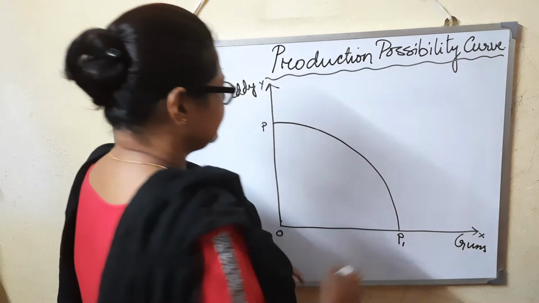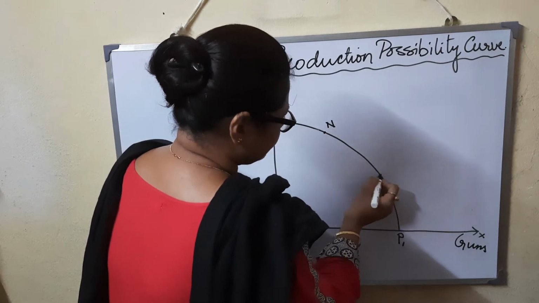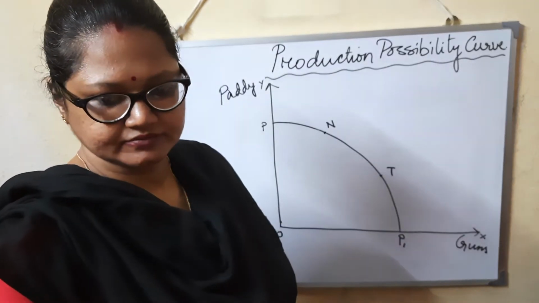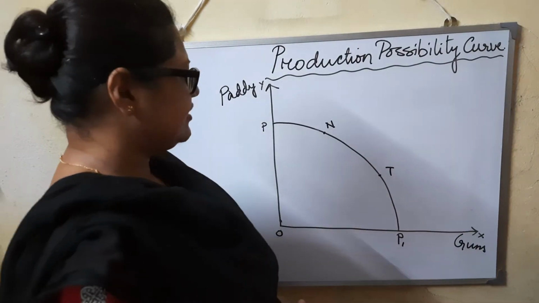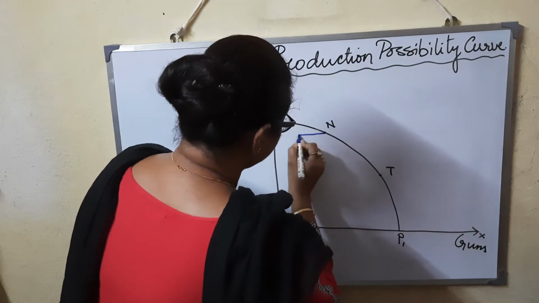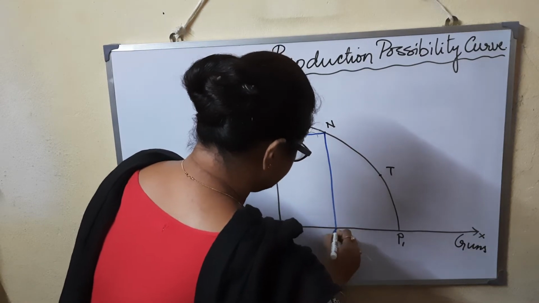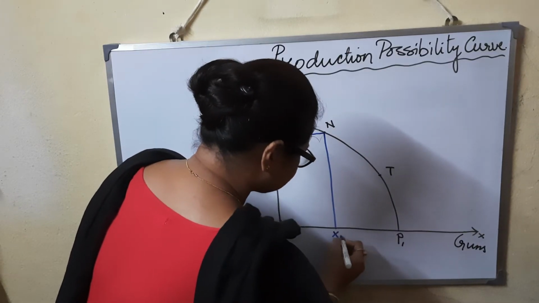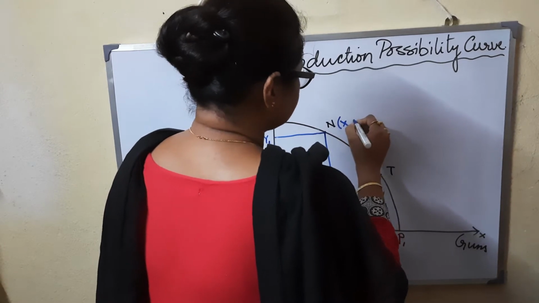That means the country can produce anywhere on this line as per its choice. I am considering two combinations. One is N, another one is T. When the country is producing at point N, it is producing Y1 units of paddy and X1 units of guns.